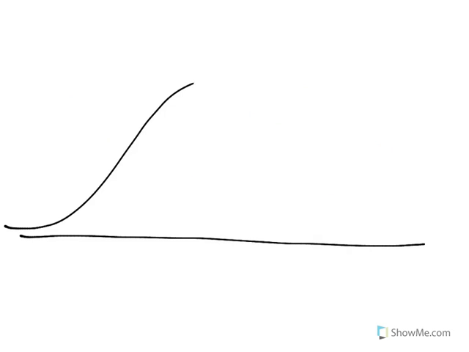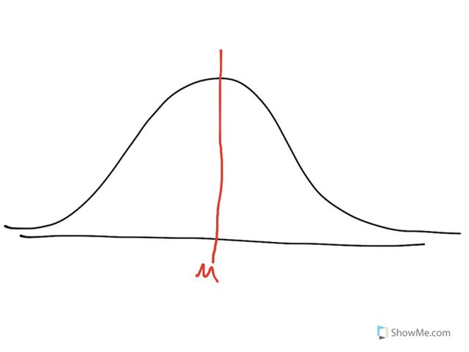So when we have ourselves, and I'm going to draw this multiple times, we will always have the mean right in the middle. Okay, there's our mean, our population mean. Now, 68% of our data will fall within 1 standard deviation of the mean.